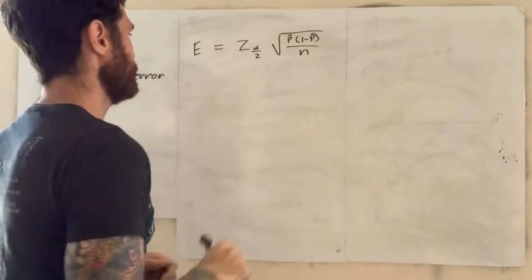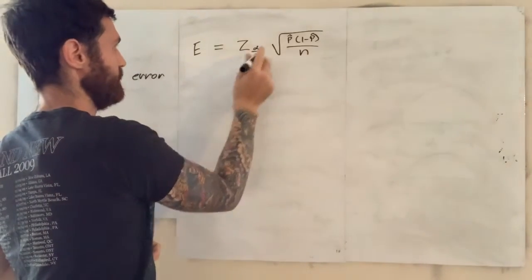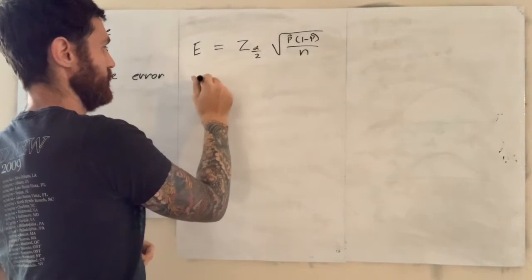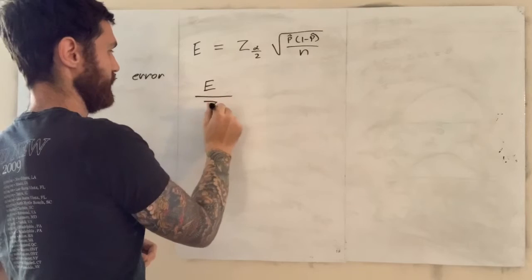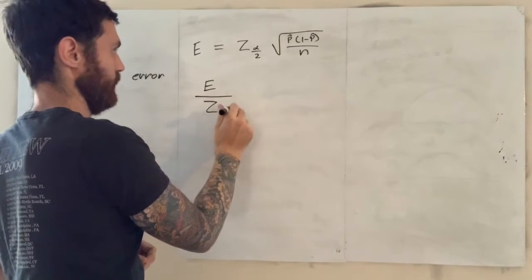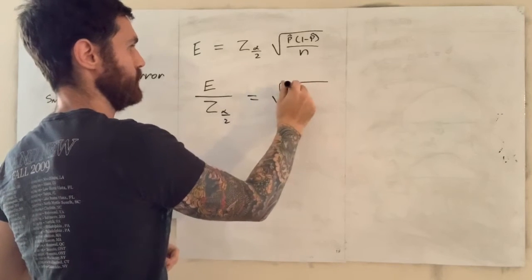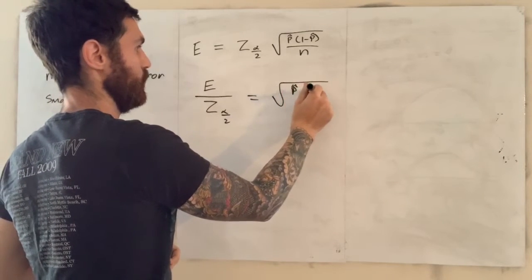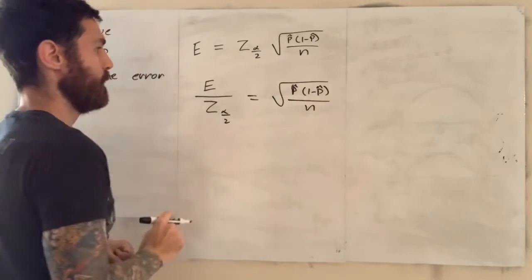So if we solve for the n, you can divide by the z. So you have your error divided by z alpha over 2 is equal to the square root of p hat times 1 minus p hat over n.